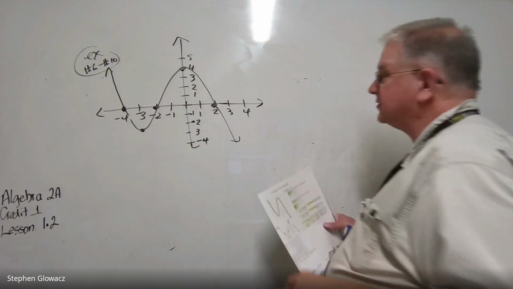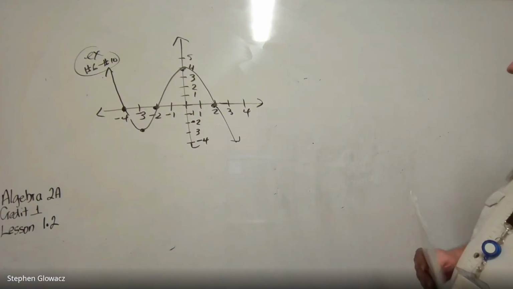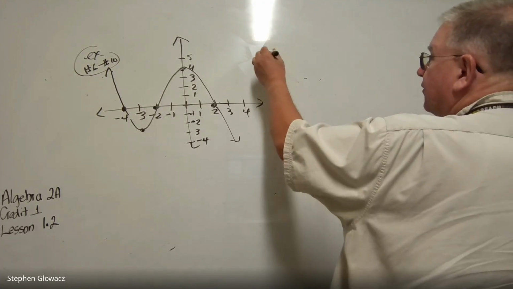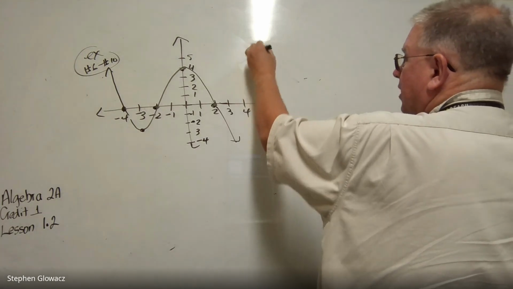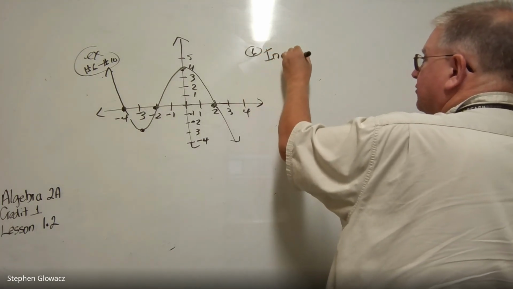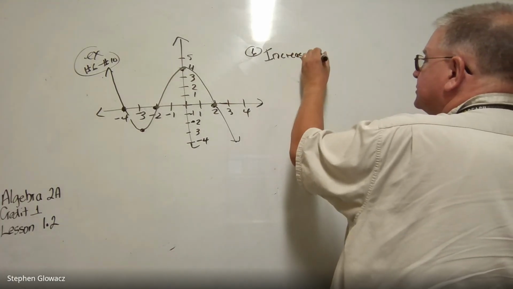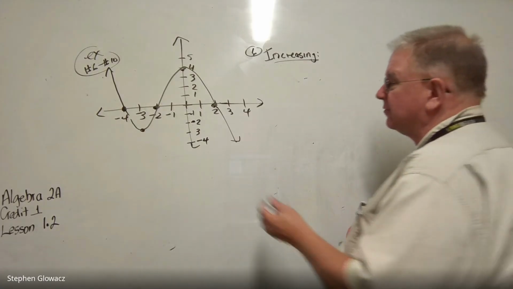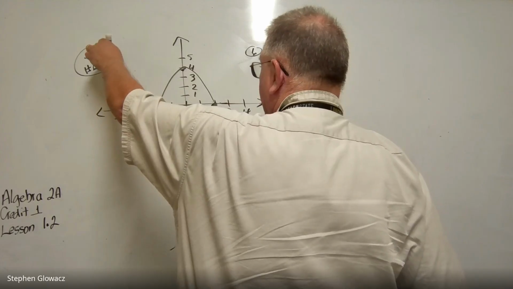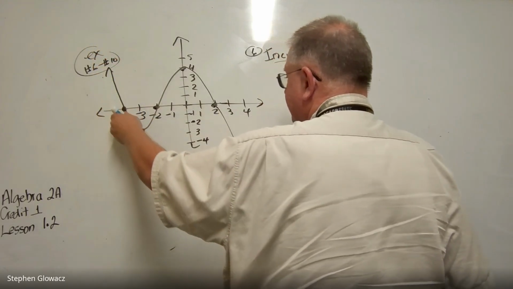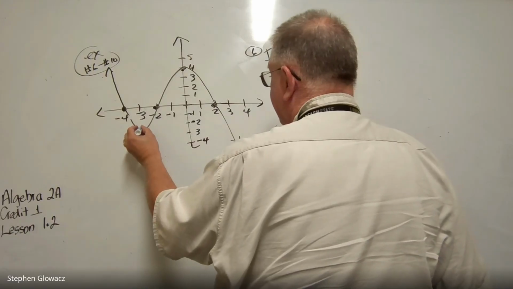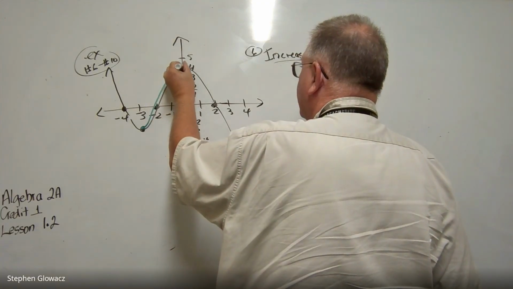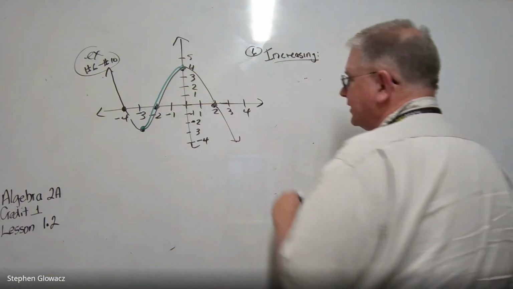And let's go ahead and answer pretty much the same questions that we talked about in the last example. All right, so first of all, and this is for problem number 6, where is the graph increasing? Well, this time there is only one interval where the graph is increasing. And again, remember, we're looking at this from left to right. So on our roller coaster here, we're going down, down, down, down, or decreasing. And now here, at this point, we start increasing. We start going up all the way to here before we start decreasing again.